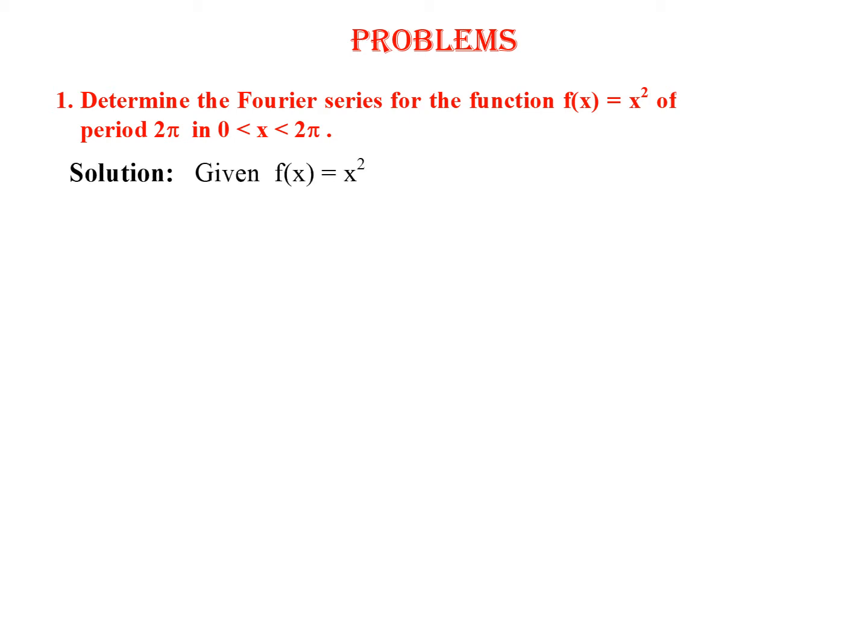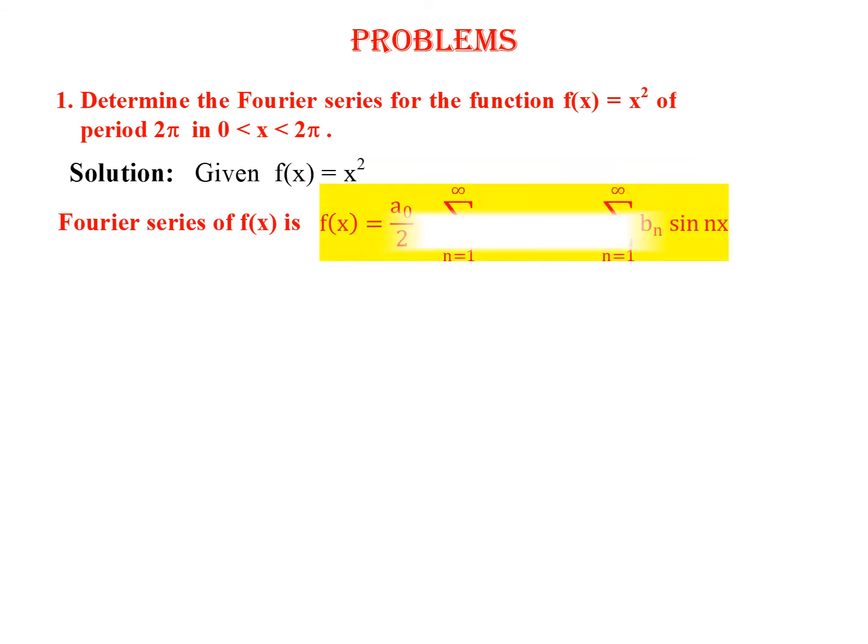So first let us write the definition of Fourier series as we had seen on the first slide. Fourier series of a function is the three terms, remember, f of x equal to a naught by 2 plus summation a n cos nx plus summation b n sin nx. Now our aim is actually to find these values, that is the constant values a naught, a n and b n, because that is the main thing we need to find.